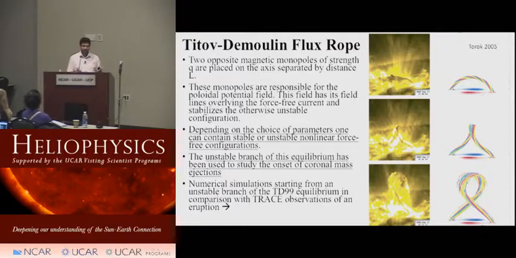So there's basically a set of equations for this flux rope, and some of them are naturally stable and some are naturally unstable. This particular simulation was created to replicate an observation that was seen, and the set of equations used naturally came out of an unstable branch of the equations that Titov and Demoulin provide.